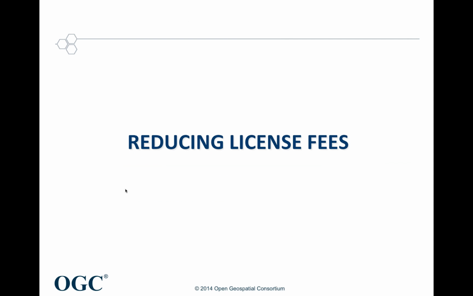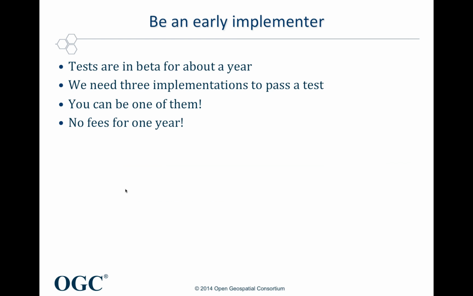Okay, so I did that demo already. There are various ways that you can reduce your fees. Even though we know that our fees are not that much compared to other standards organizations, there are still some ways to reduce them.